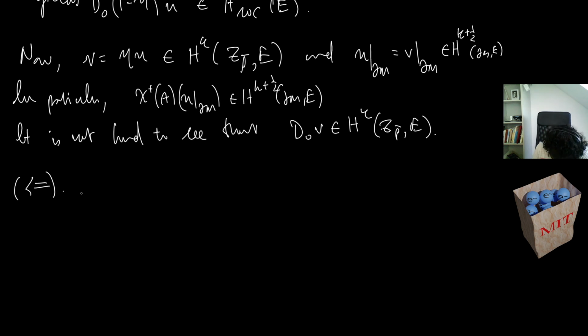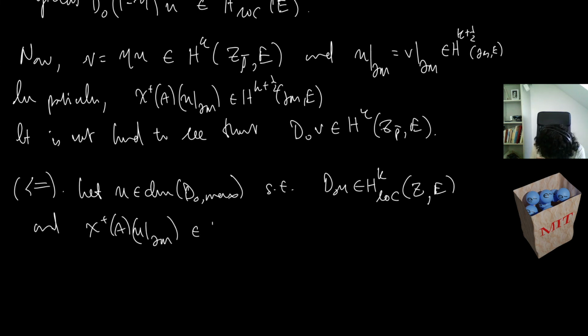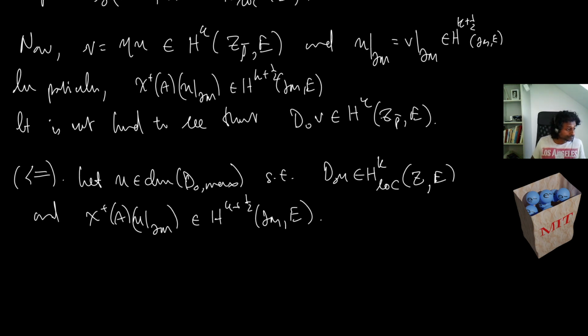Okay, so let u be in dom D_0,max, such that D_0 u is in H^k_loc(Z, E), and this restriction to the boundary is in H^{k+1/2} on the boundary. Okay, so let's assume this.